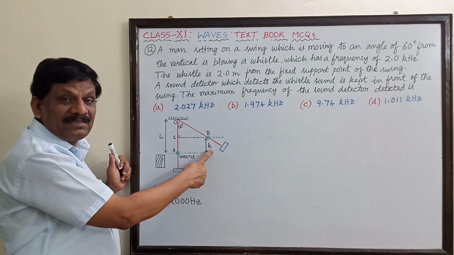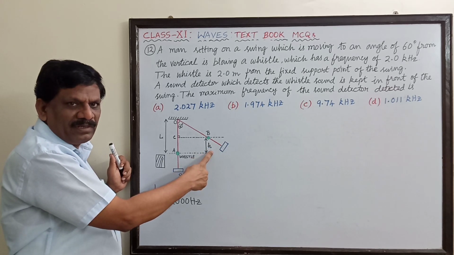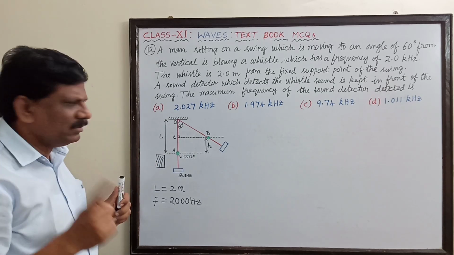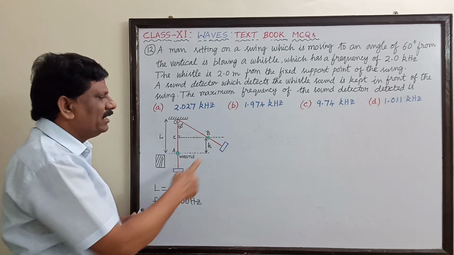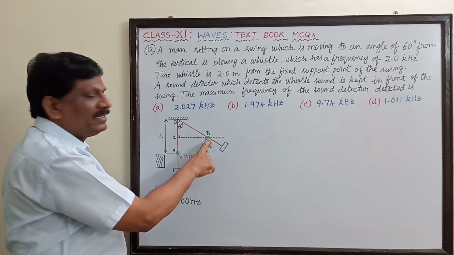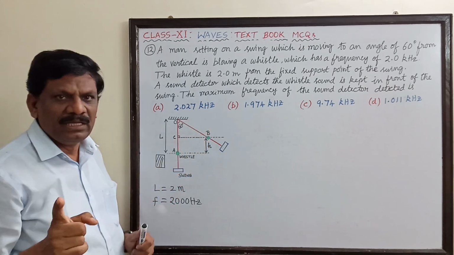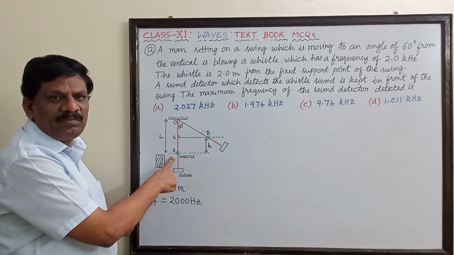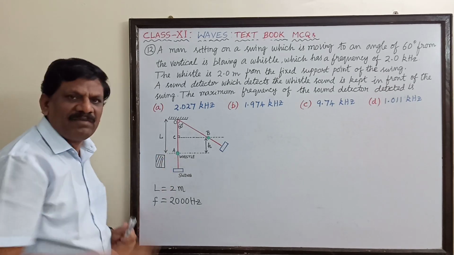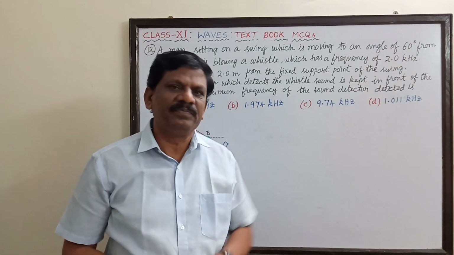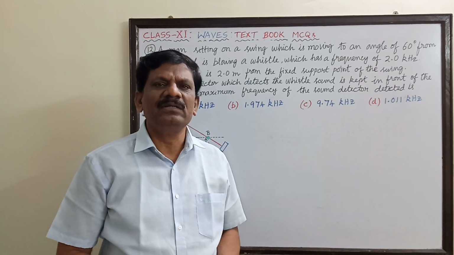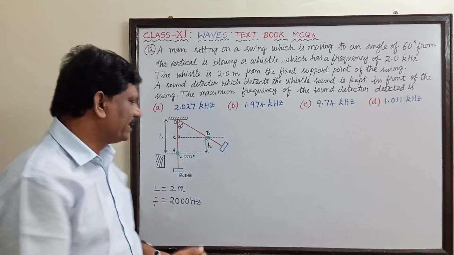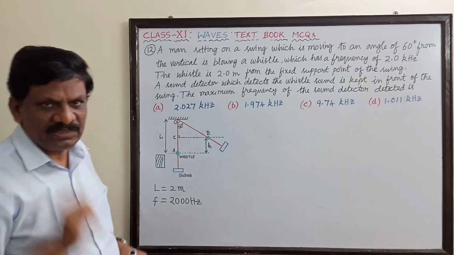Now the potential energy of this whistle at point B must be equal to the kinetic energy of the whistle at position A by the law of conservation of energy. That is the concept I am going to use to calculate the value of the height h.